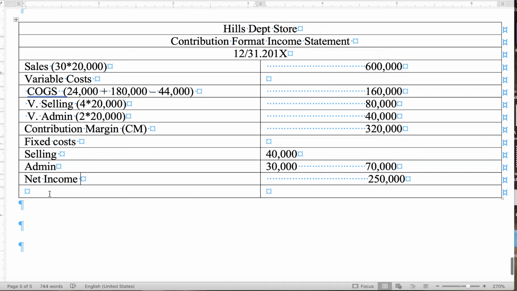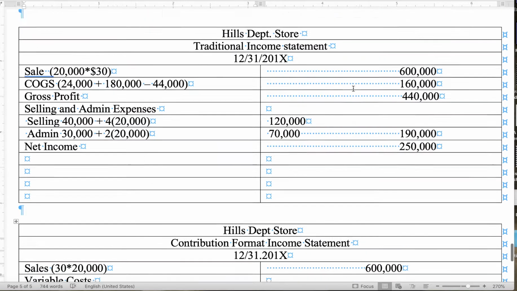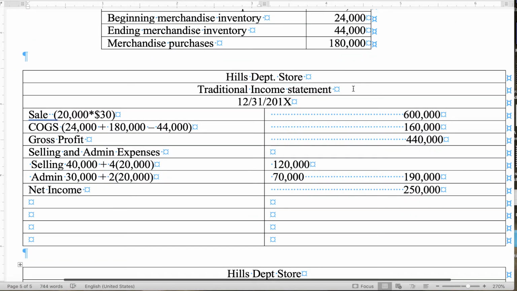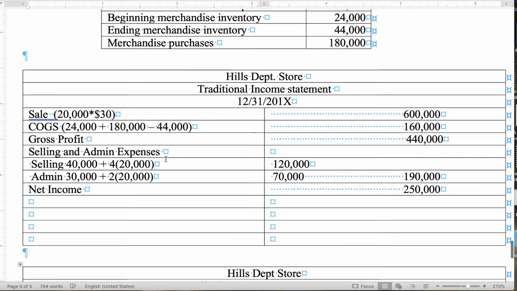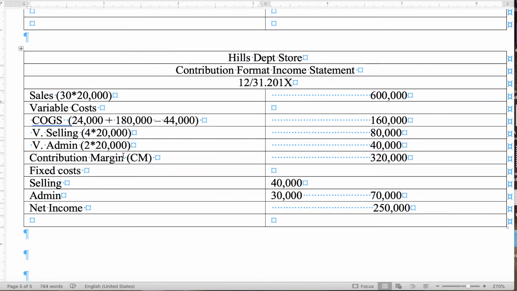Okay, so when you look at these together, you see that the net income's the same. The only difference between these two is how we categorize the costs. The traditional income statement uses product and period costs, right? Cost of goods sold are our product costs. Period costs are our selling and administrative expenses. The contribution format segregates based on behavior, variable and fixed.